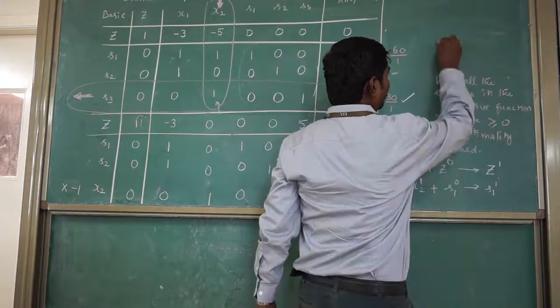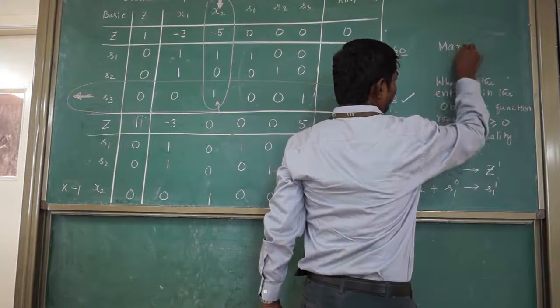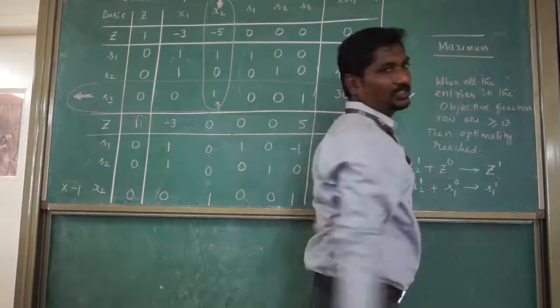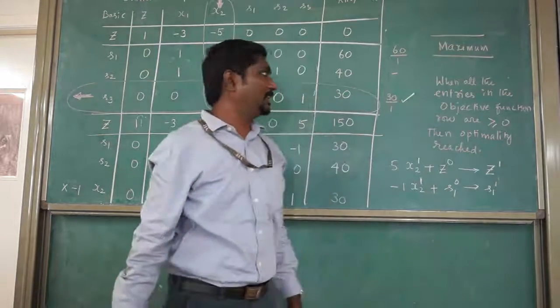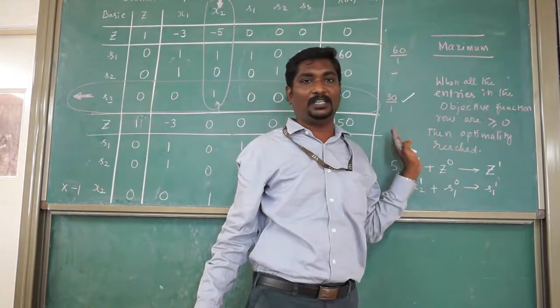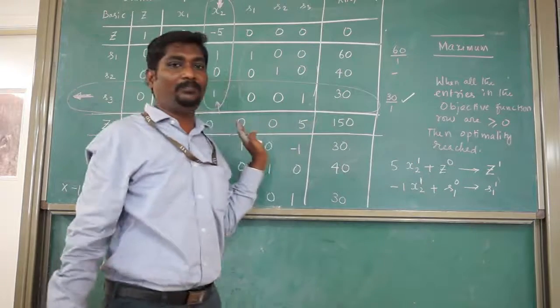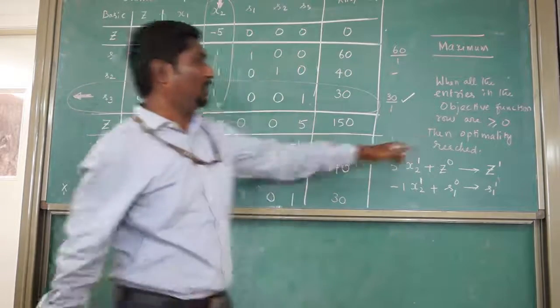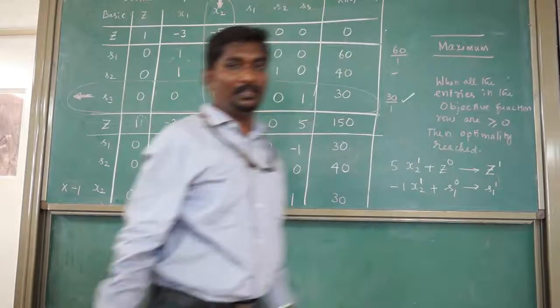This is for the maximization problem. If the problem is of minimization type, then when all the entries in the objective function row are less than or equal to 0, we say that optimality is reached. Our problem is of maximization type. So when all the entries in the objective function row are greater than or equal to 0, we say that optimality is reached.